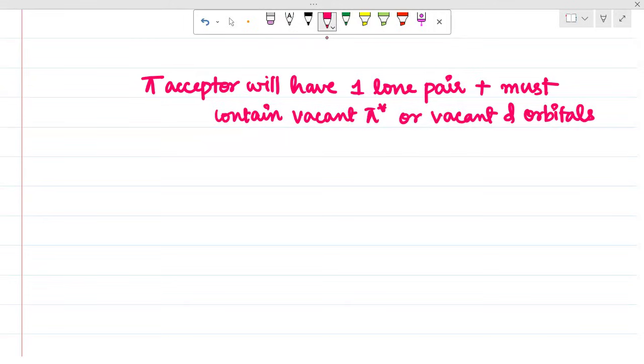Let me tell you an example. Let's say you have a metal, and you have a ligand like carbonyl, CO. This is how the ligand is. So this one pair of electrons from the ligand will be donated to the metal to form the sigma bond. Now what will happen?